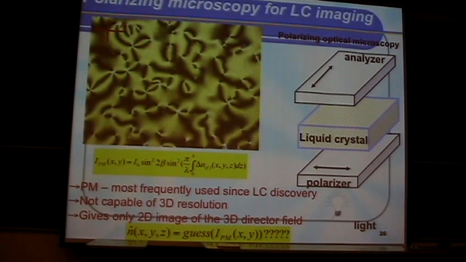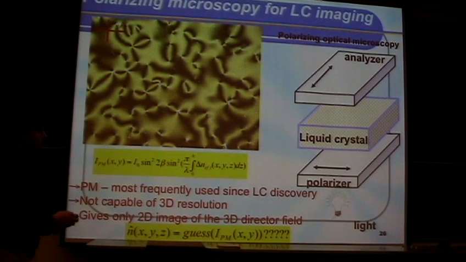And so, therefore, since we have only a two-dimensional image of the three-dimensional director field, we will have to essentially guess how the intensity of light in all of those pixels of the image is related to the maybe very complicated distribution of the liquid crystal director across the sample thickness.